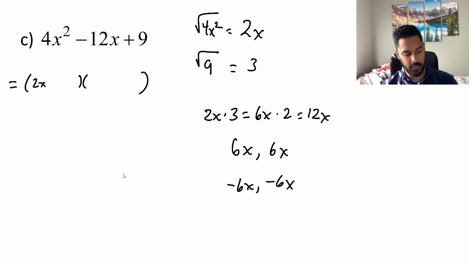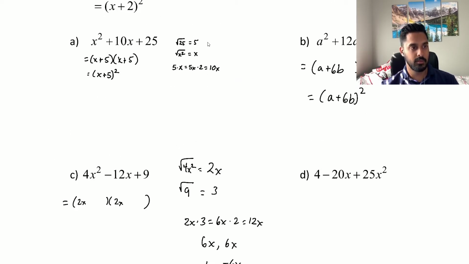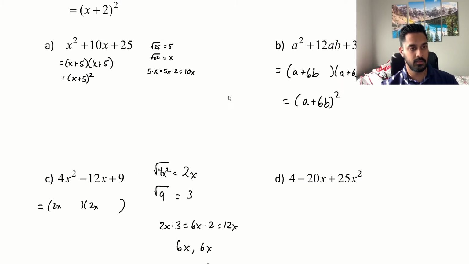I know that there's actually a 2x in front that comes from that. Okay, so 2x and then the square roots. If I do my constant, it's going to be 3, because all of the other ones, I had my number, square root of 25 is 5, that went in, square root of x squared, that went in.